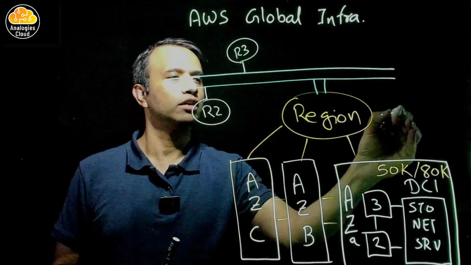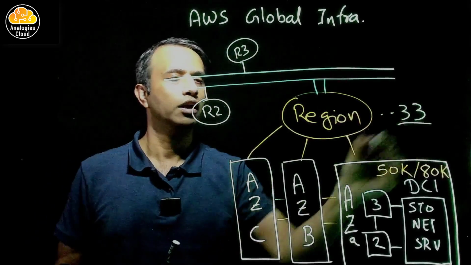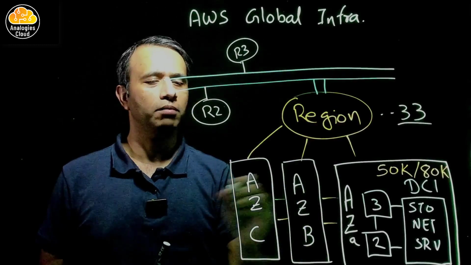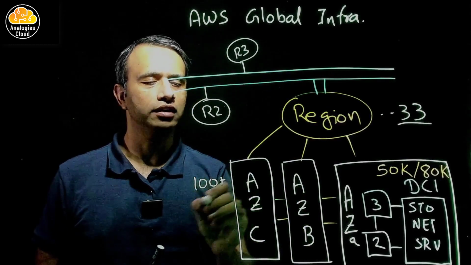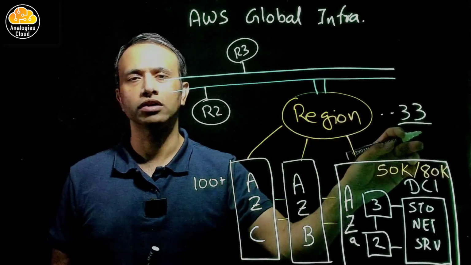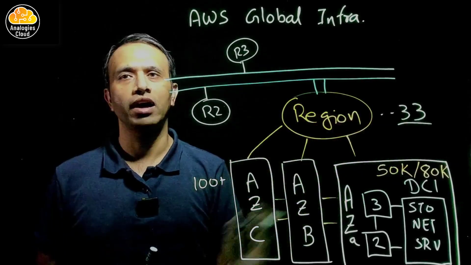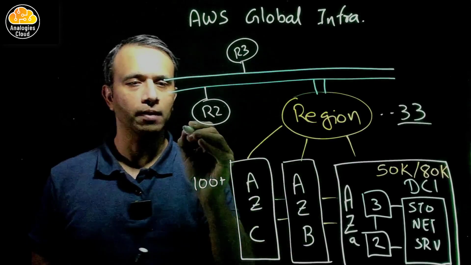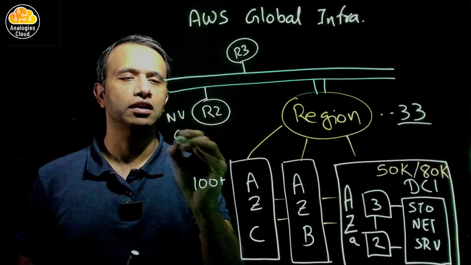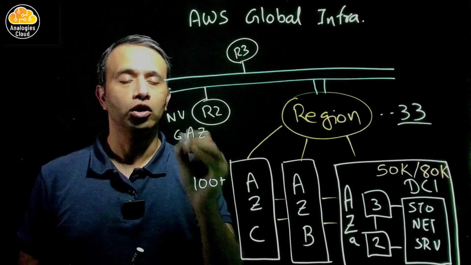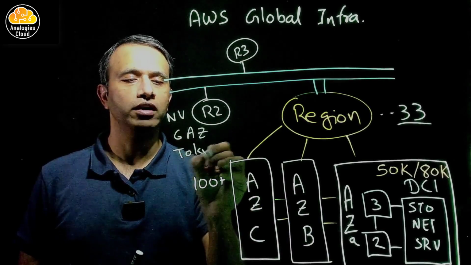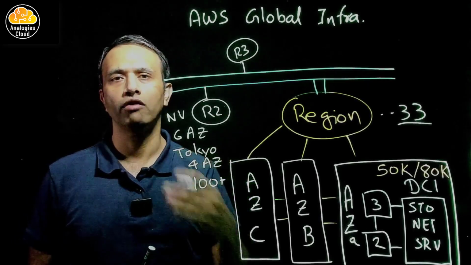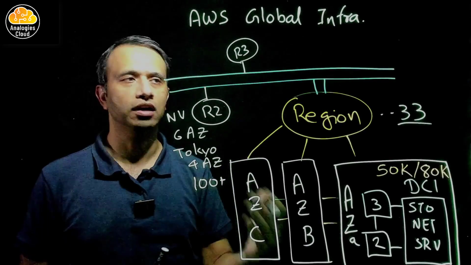As of now, there are 33 regions which are operational, with more than 100 availability zones inside them, and you interact with a region to get started. Some regions may have 3, some regions may have more availability zones. For example, Northern Virginia as a region has 6 availability zones, Tokyo has 4 availability zones, and so on. Depending on the use case, there can be more availability zones in one region than the other.